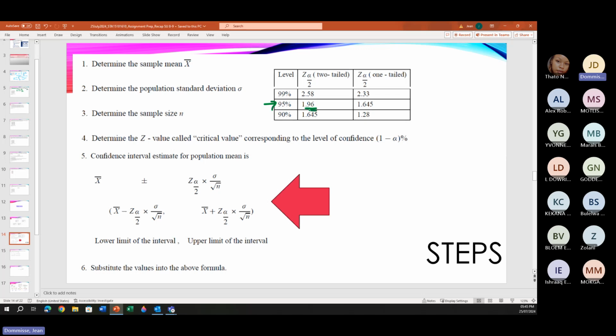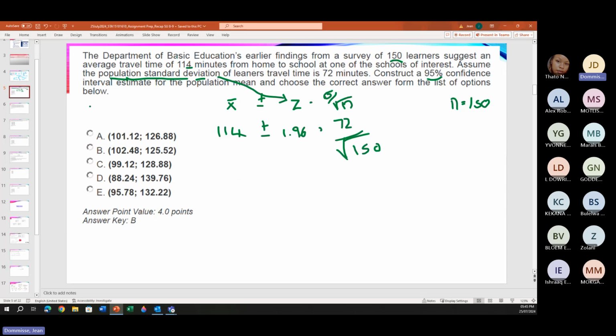Okay, so again, you don't need to go to a Z table. You don't need to work it out. If they tell us we're working with a 95% confidence interval, we can automatically use 1.96. Okay, so let's quickly work that out.